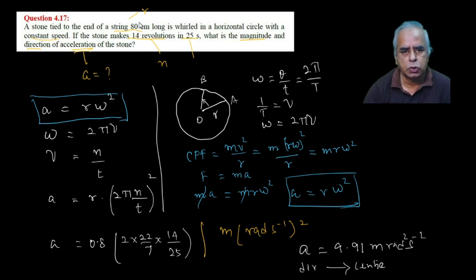So it means the radius of the circular motion is 80 centimeter, and that can be converted into meter, that is 0.8 meter. And then 14 revolutions, so that indicates the number of revolutions. We can put it as n in a given time, that is 25 seconds. So let us say this is t.